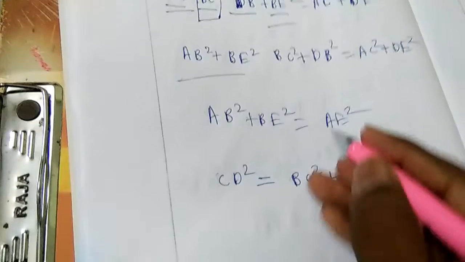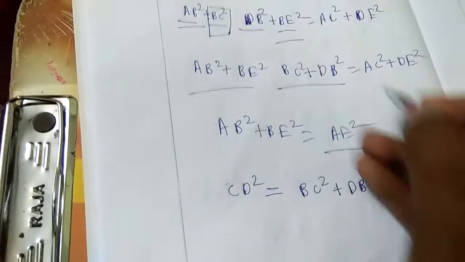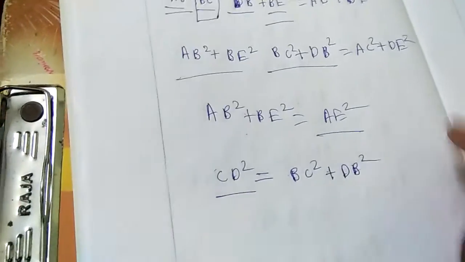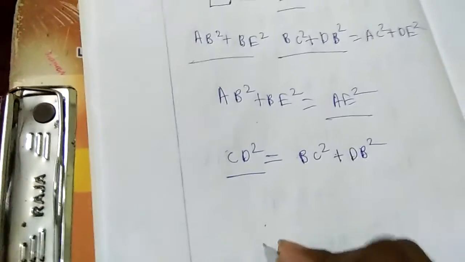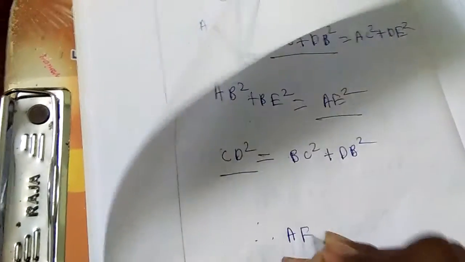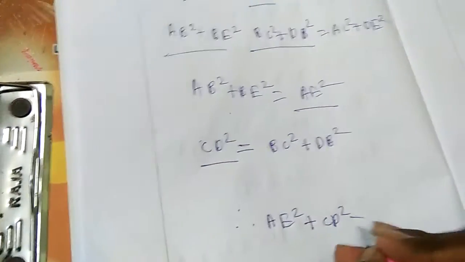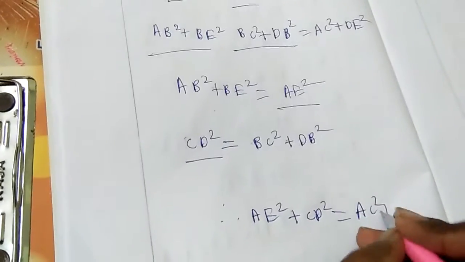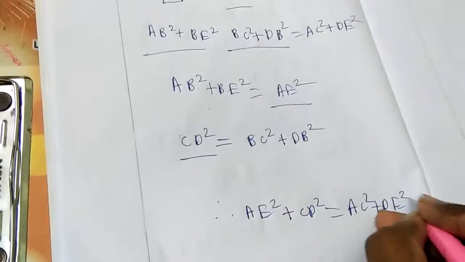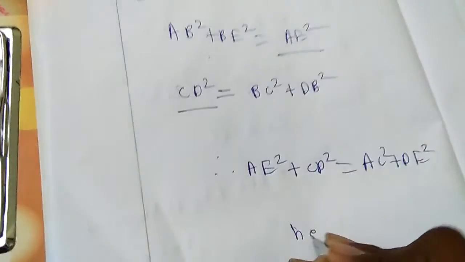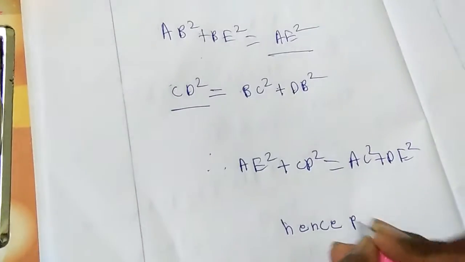So in the place of this one I can substitute this one, and in the place of this one I can substitute this one. So therefore AE square plus CD square is equal to AC square plus DE square. Hence proved.